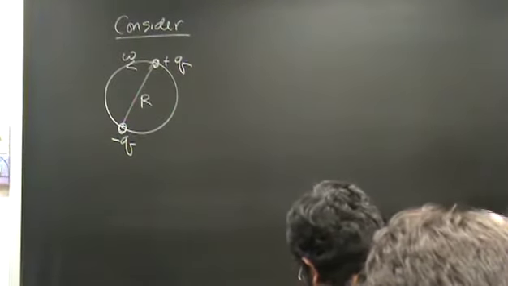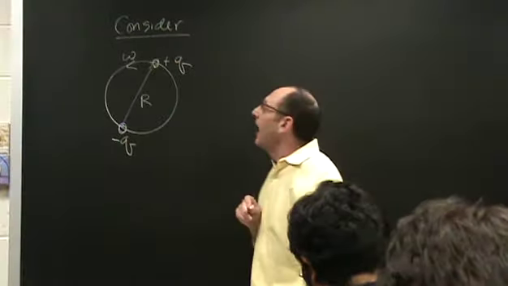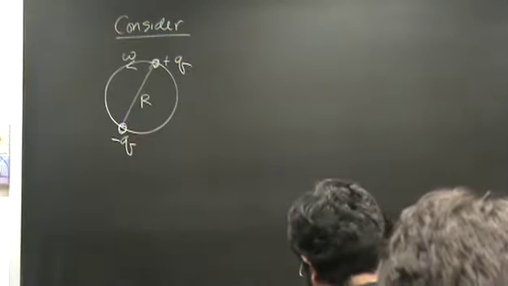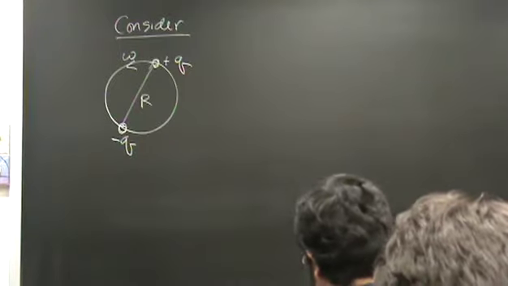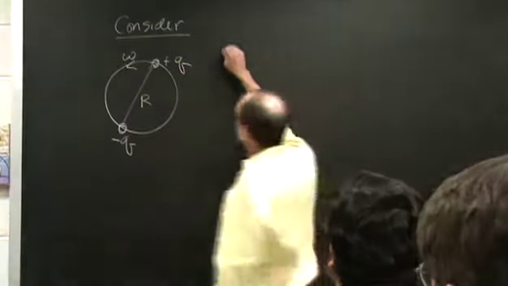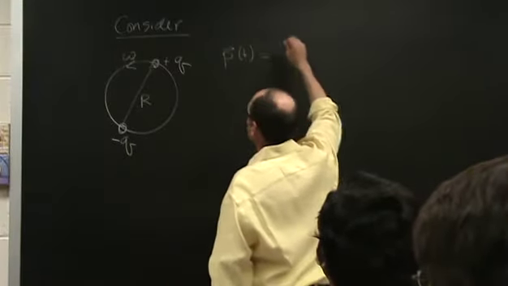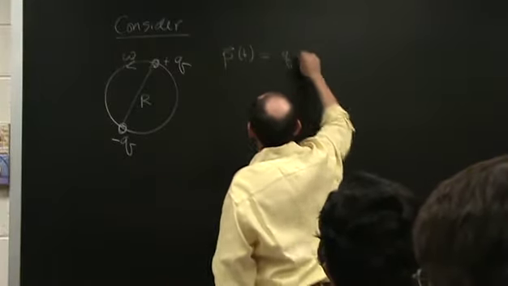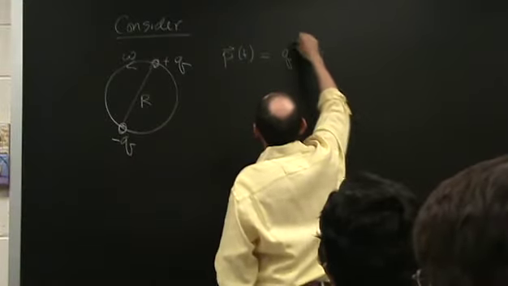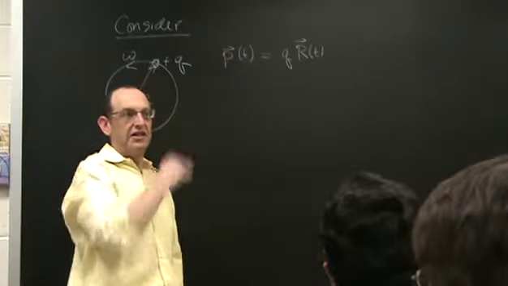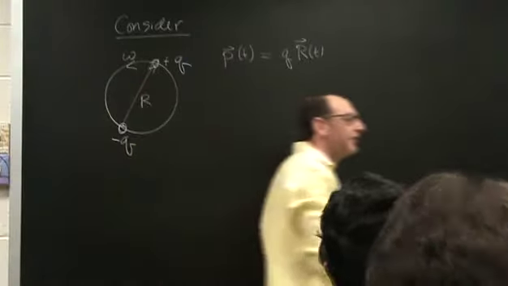Does this distribution have a time-varying electric dipole moment? Sure it does. So it has the electric dipole moment as a function of time equal to Q R of t, which is changing because it's going around in a circle.